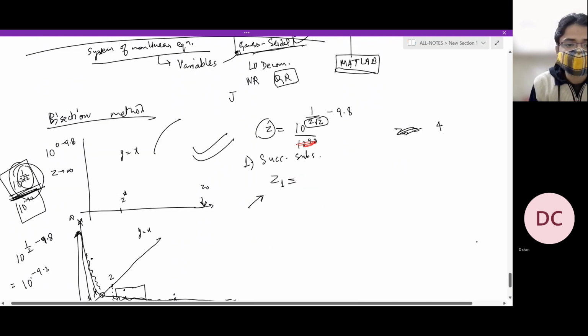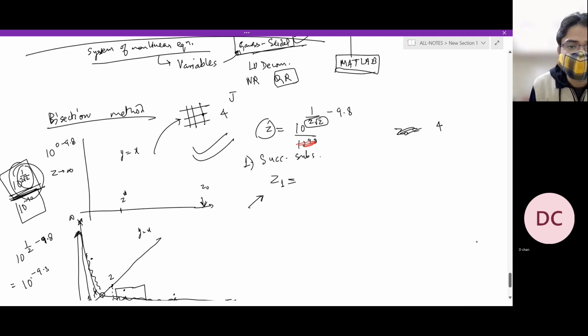Now imagine this to be a part of your PhD thesis. For example, if you're solving some problem and creating a fine mesh grid, and you supply an initial guess of 4, this is just a representative example, then your computation time would be maybe 2 days.